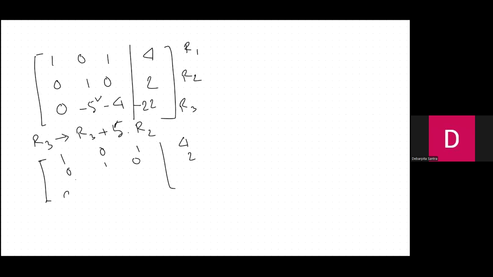0 minus 5 plus 5 into 1, that means 0. Second thing, minus 4 plus minus 5 into R2. R2 means 0, so it is minus 4. So let me just write down properly. 0, 0, minus 4.